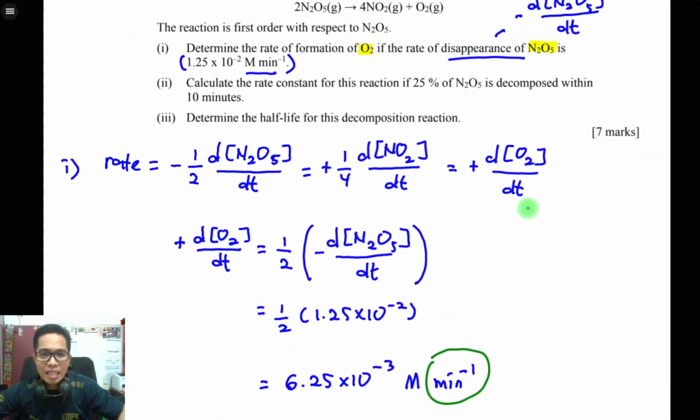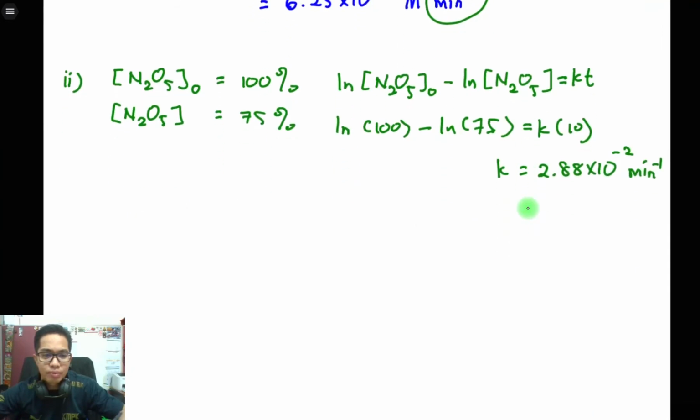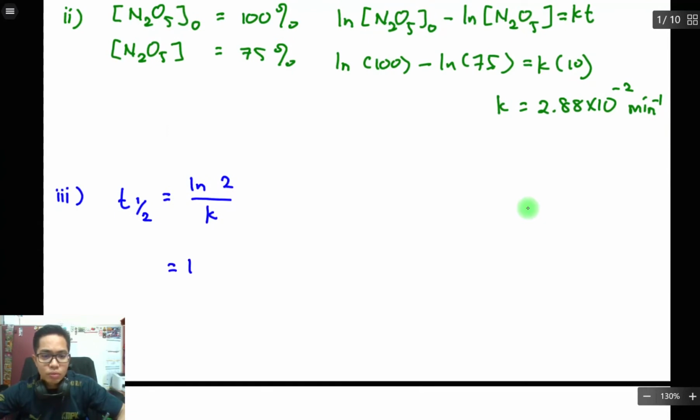Next, question number 3. Determine the half-life for this reaction. Number 3, half-life. So the formula for half-life of first order is t half equal to ln 2 divided by k, the rate constant. So ln 2 divided by, where is our k?